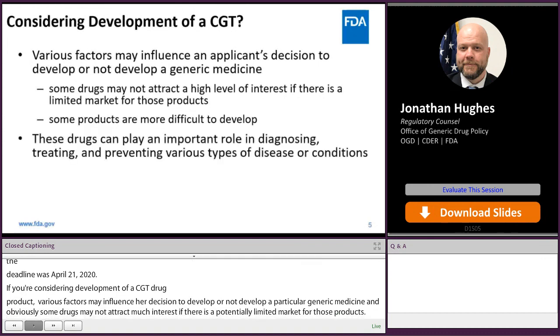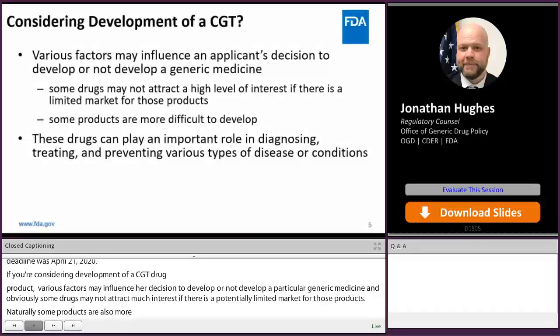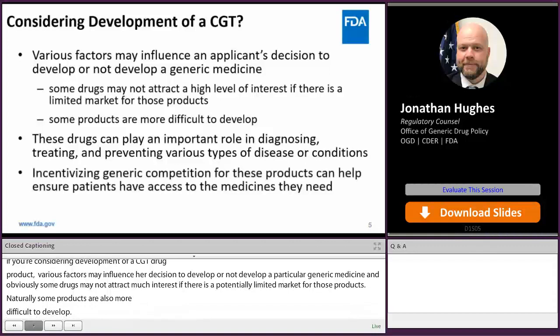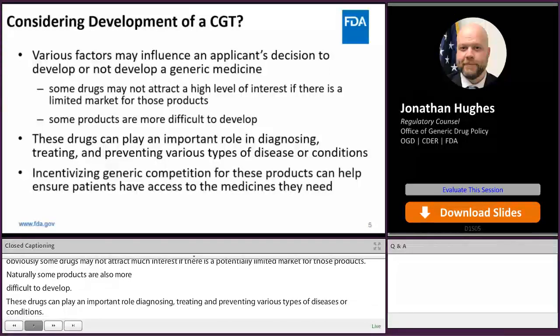But these drugs can play an important role in diagnosing, treating, and preventing various types of diseases or conditions. And FDARA granted CGT authority to incentivize generic competition for these products, which can help ensure patients have access to the medicines that they need.